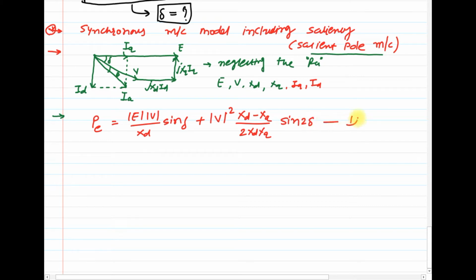Okay, this is your first equation. We get this term just because of the saliency effect.